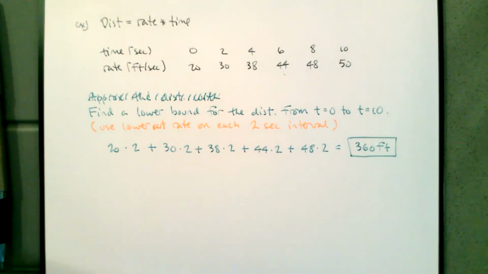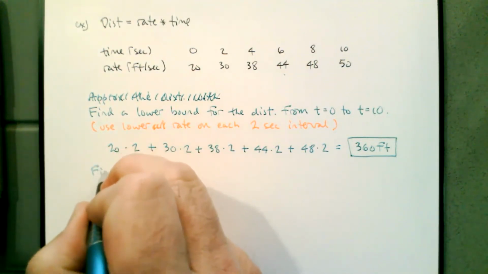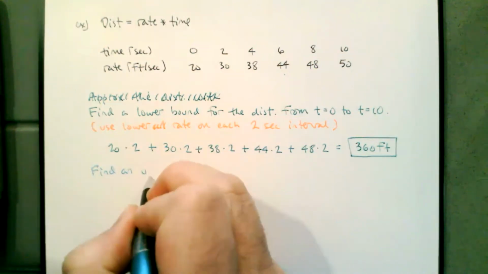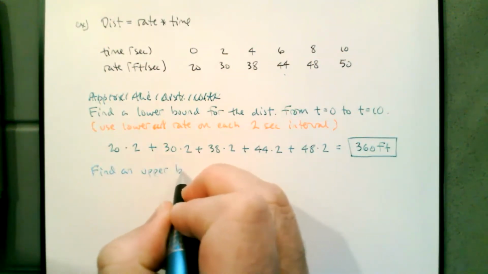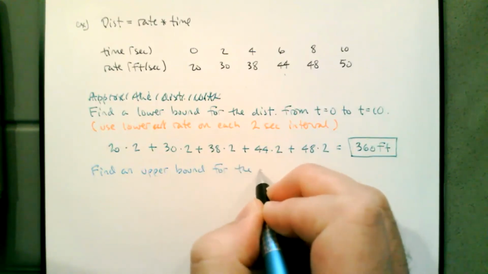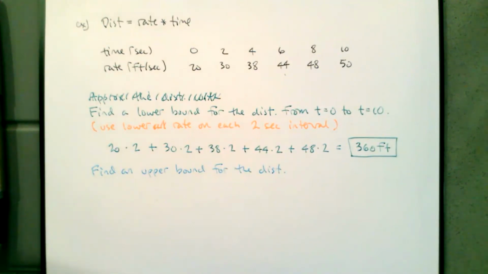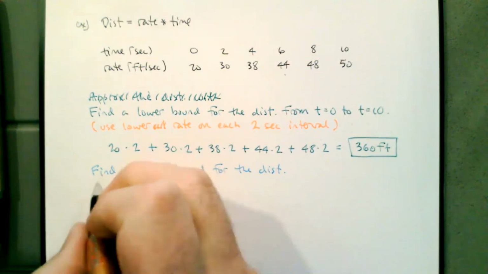We could do the same thing. We could find an upper bound for the distance. And in this case, instead of using the lower rate on each 2-second interval, we'll use the higher rate on each 2-second interval.